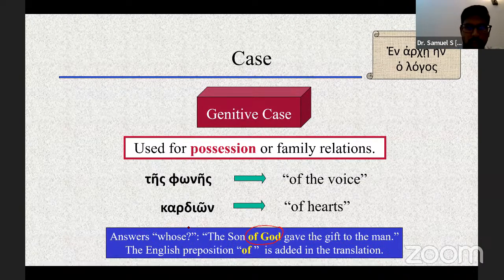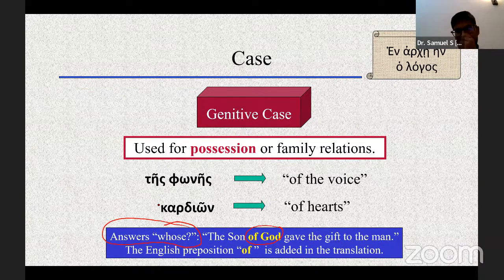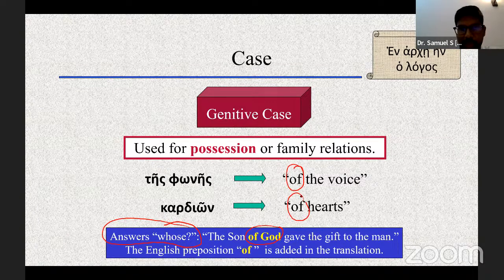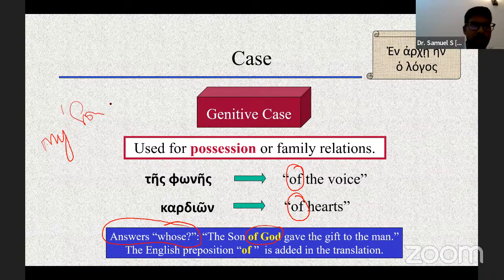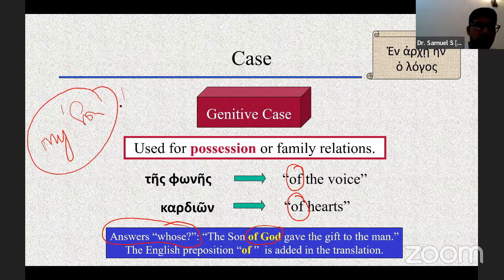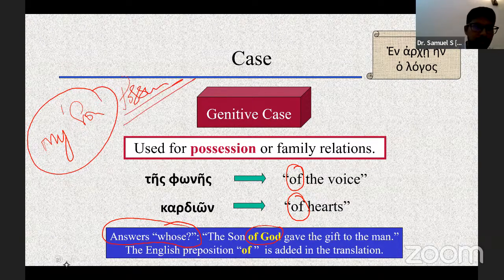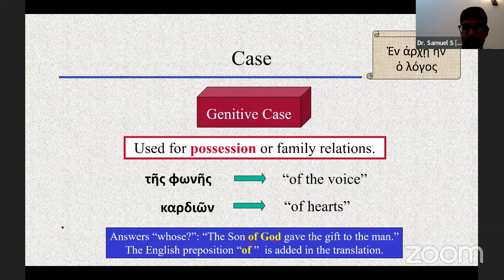So the genitive case usually answers the question whose, and the way we translate it is using the English preposition of. Sometimes we may also use a pronoun like my son, or some other way to communicate possession. Genitive case is about possession. So we saw nominative case, subject, genitive case, possession.